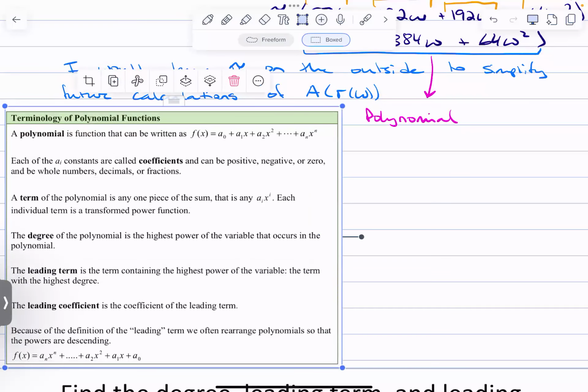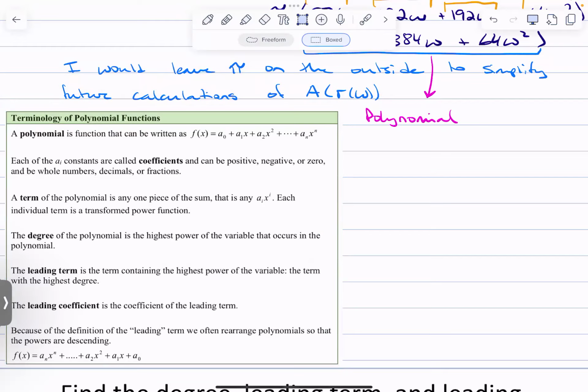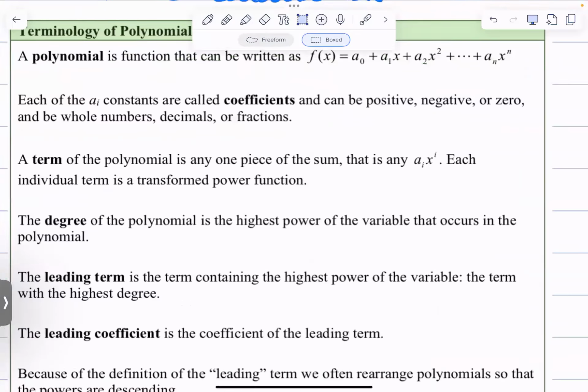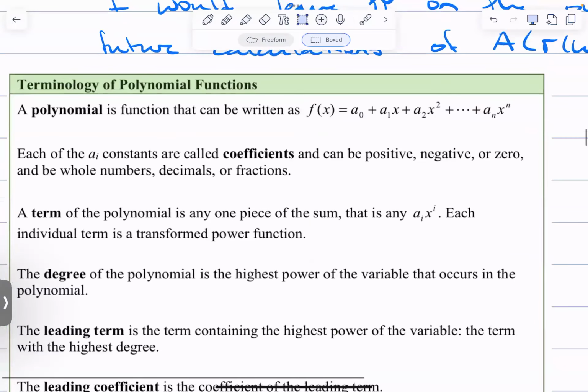Poly means many, and nomials are the terms. We've got some terminology for polynomial functions.